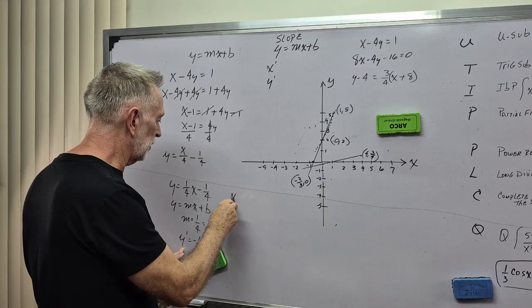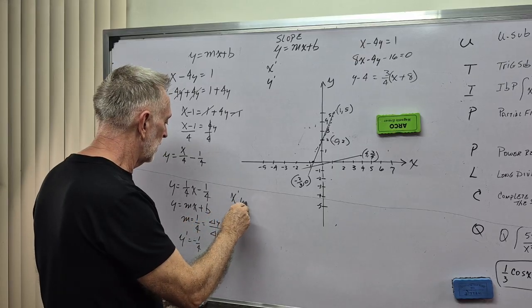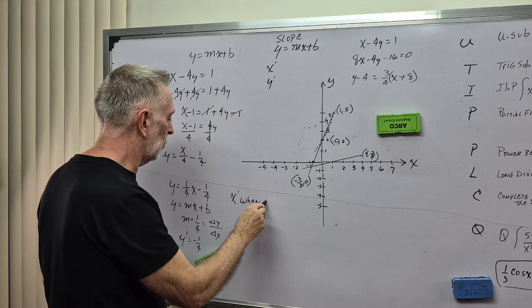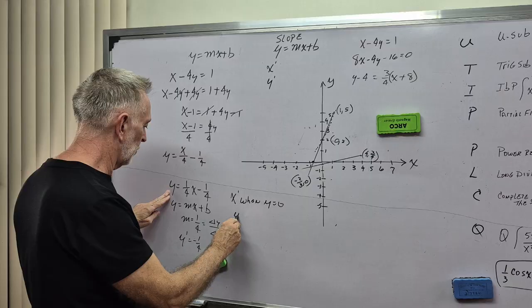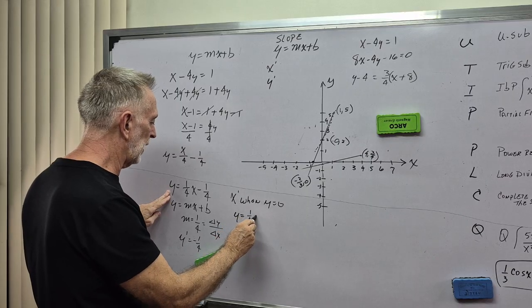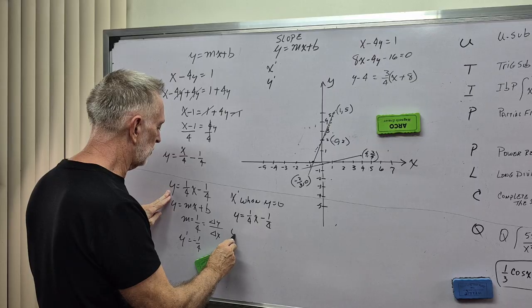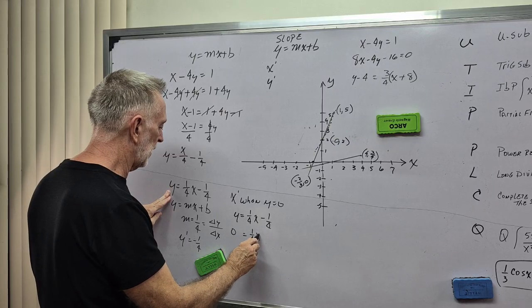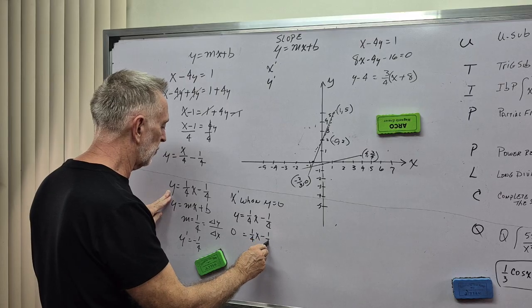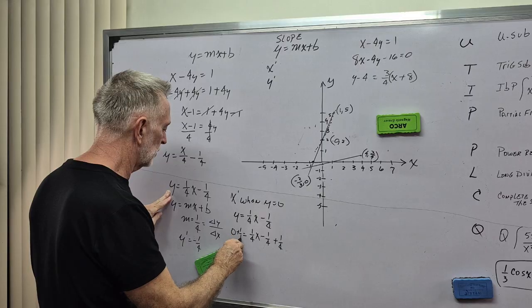Okay, x-intercept occurs when y equals what? When y equals 0. So this was my equation, y equals 1/4 x minus 1/4. If I set y equals 0, so that's 1/4 x minus 1/4, I'm going to add 1/4 to both sides.